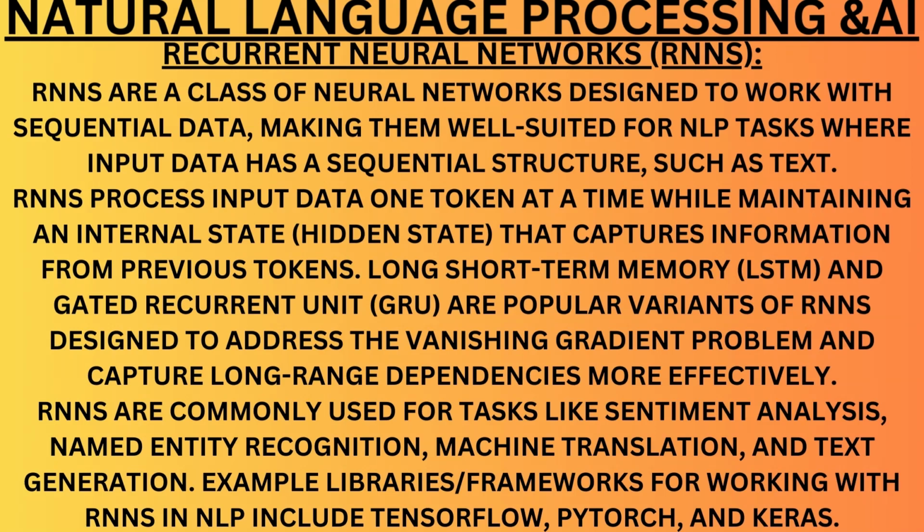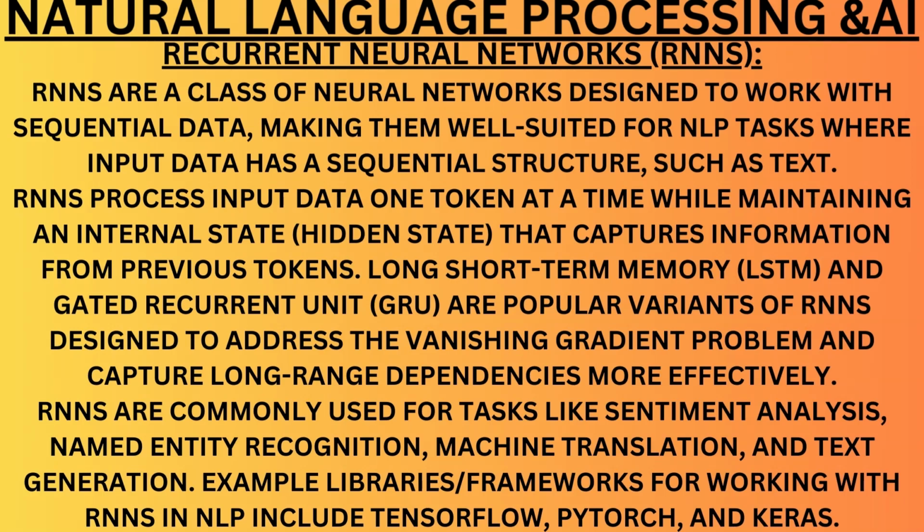RNNs process input data one token at a time while maintaining an internal state, the hidden state, that captures information from previous tokens. Long short-term memory (LSTM) and gated recurrent unit (GRU) are popular variants of RNNs designed to address the vanishing gradient problem and capture long-range dependencies more effectively.